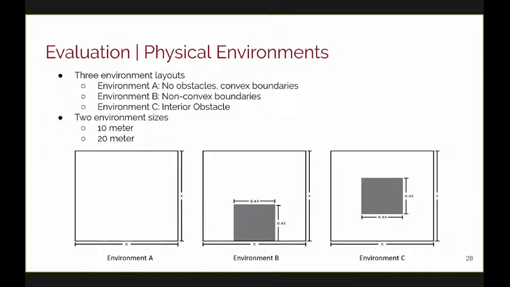Environment A was our test case. It had no obstacles and had convex boundaries. Environment B had a non-convex boundary. That is, we essentially placed a square obstacle along one of its edges. And environment C had an interior obstacle. We also decided to test 2 different environment sizes, 10 by 10 meter and 20 by 20 meter.